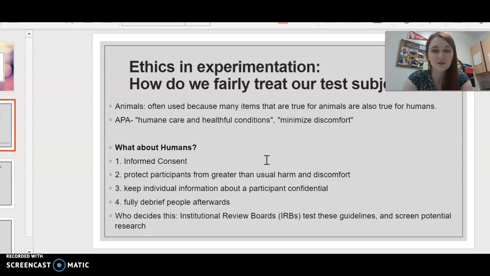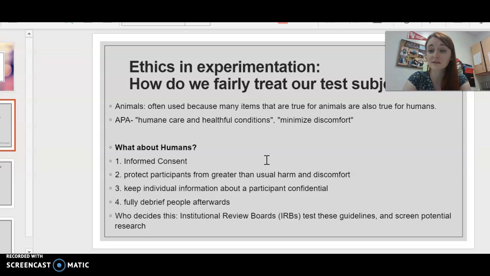His dogs that he used in his conditioning weren't actually treated so well. Like he had like stomach tubes inserted into them to see about digestion of food at one point. It wasn't exactly how you want a dog to be treated. So again, there are certainly examples of this being abused. Unfortunately, there are a lot of examples of human beings also abused.